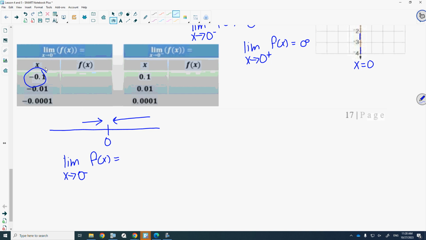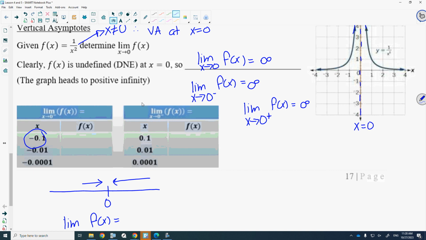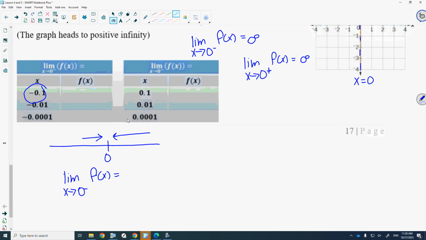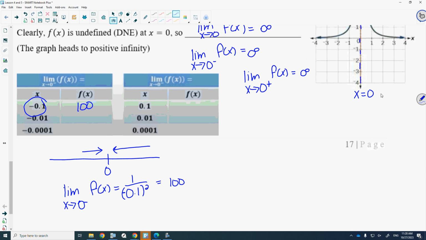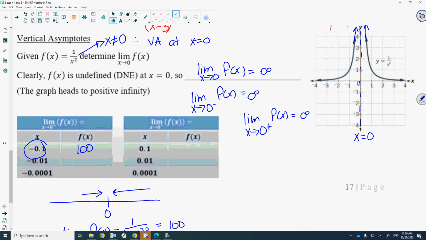You'd pick a number left of 0, like negative 0.1, and you'd plug that into your equation: 1 over negative 0.1 squared. What you would get if you plug that into your calculator is 100. So this y value would be 100. So when x is negative 0.1, really close to 0, y would be way up at 100.